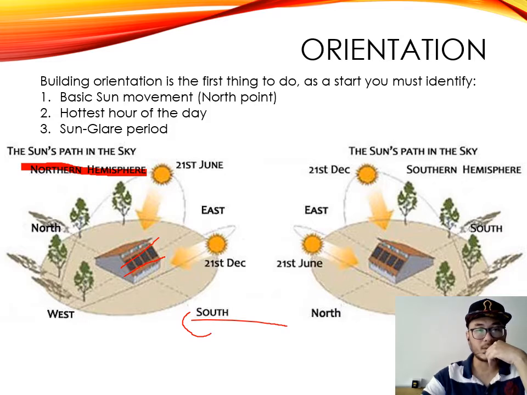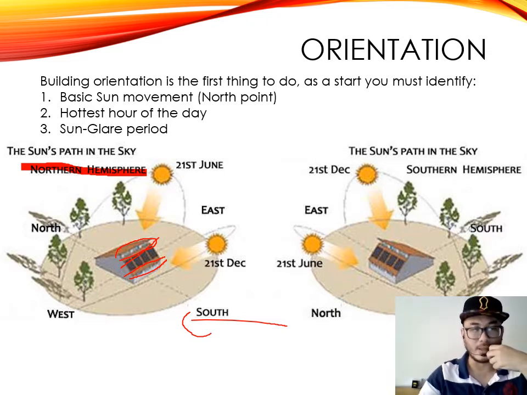And you can also see a very minimal window opening on the south. However, you can create huge openings on the north side of the building.